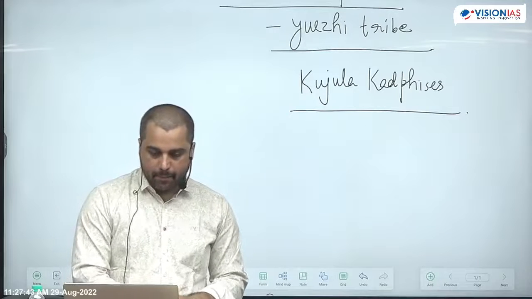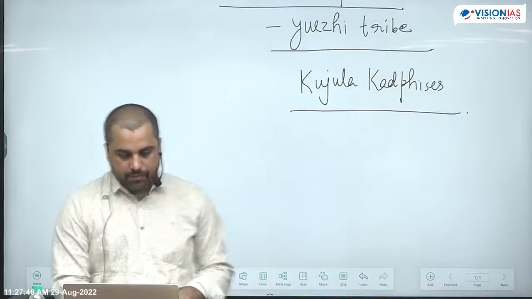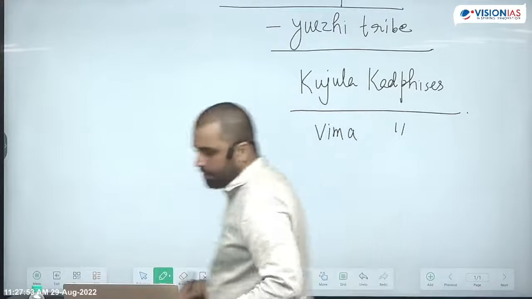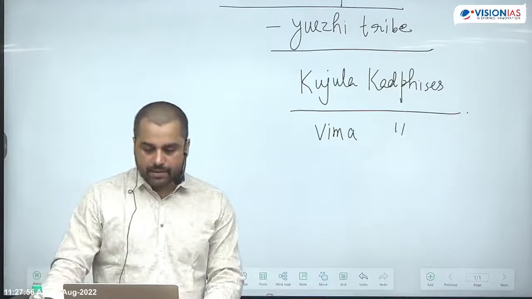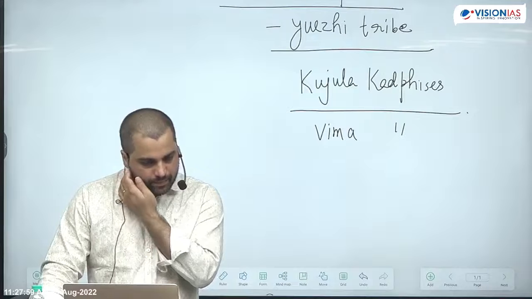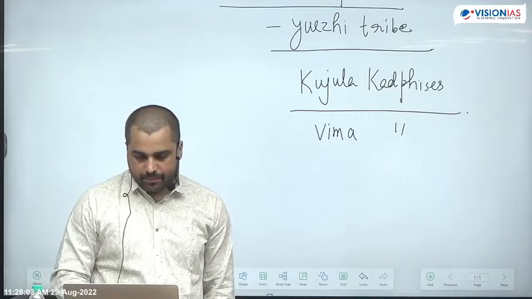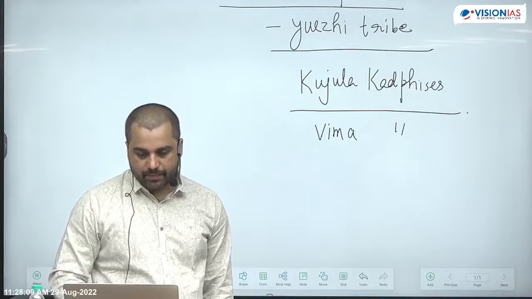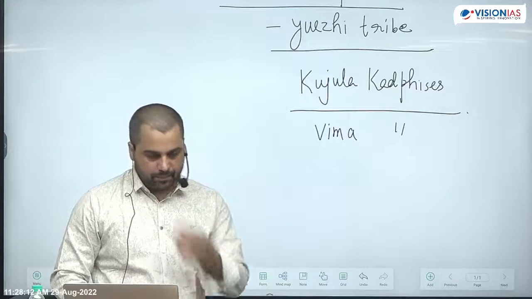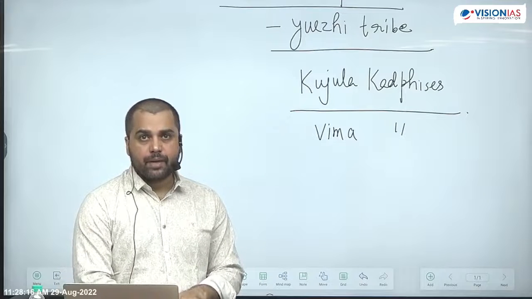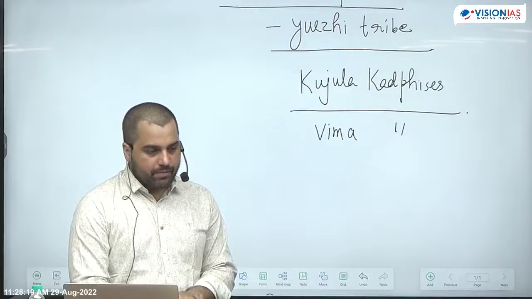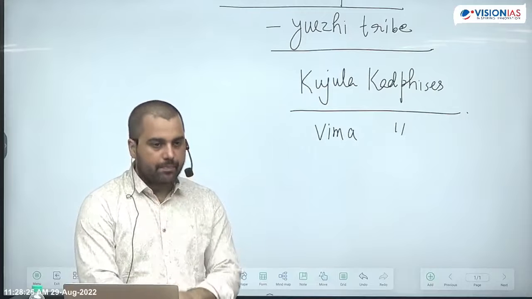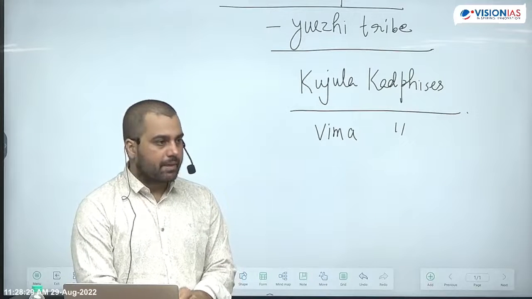His son Vima Cadphises further expanded the territory. He issued a large number of coins and became a devotee of Lord Shiva.